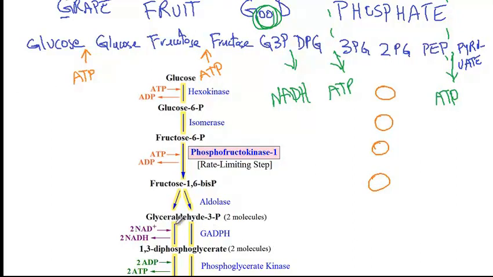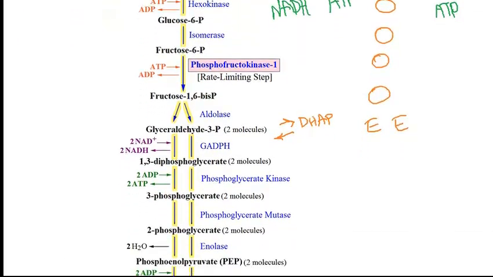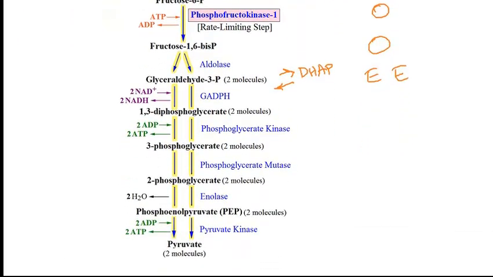And then after that, for glyceraldehyde triphosphate and dihydroxyacetone phosphate, I remember them as E. And then for the rest of these reactions, I remember their shape as M, M, M, and then phosphoenolpyruvate and pyruvate, I remember them as resembling like an H.